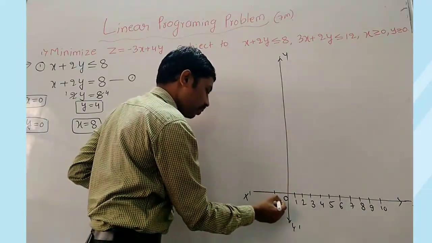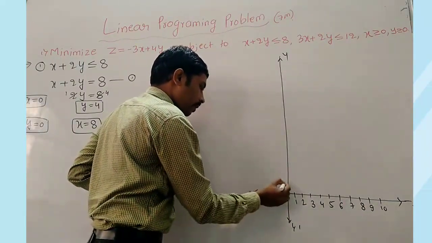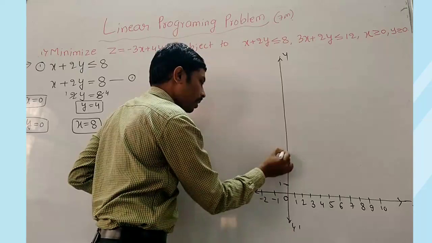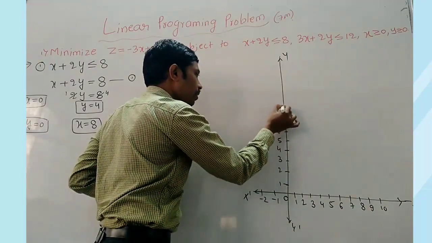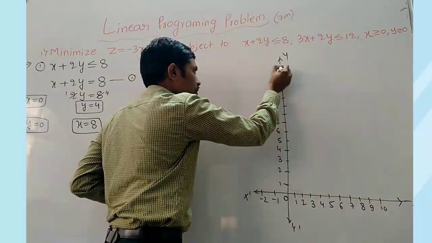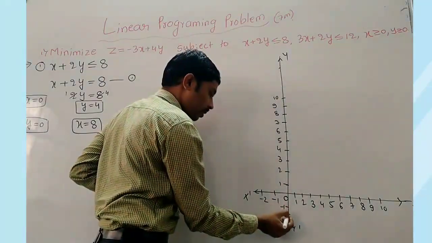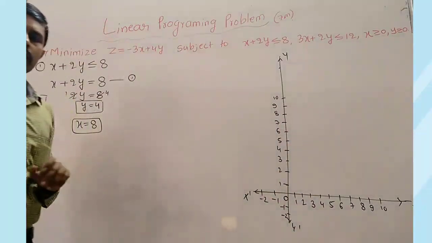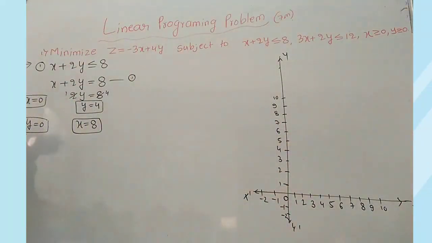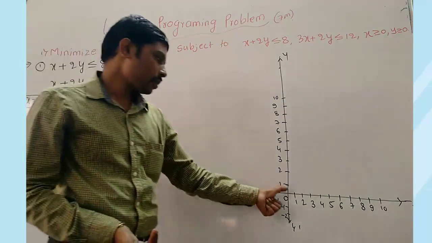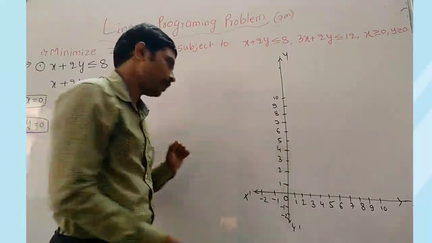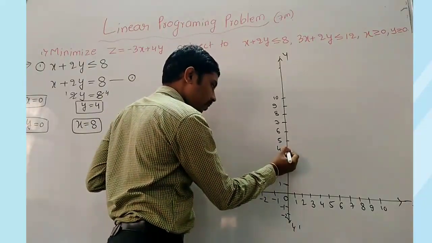Then 1, 2, 3, 4, 5, 6, 7, 8, 9, 10, and so on. Here it is minus 1, minus 2. So tell me the first point: x equals 0, what is the value of y? Where will it come? x equals 0, y equals 4, means this point. So we will mark this one.